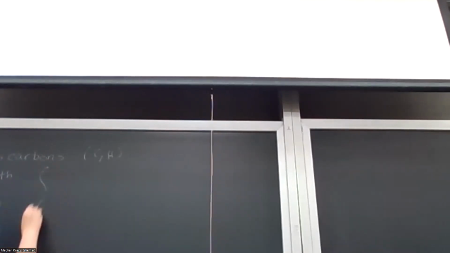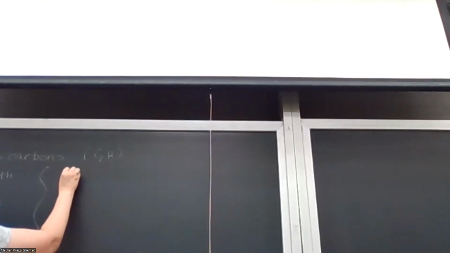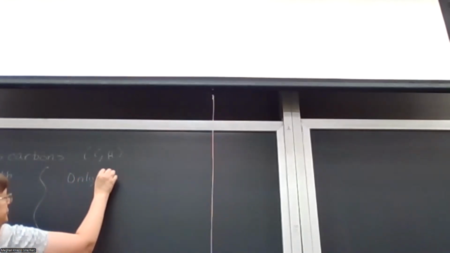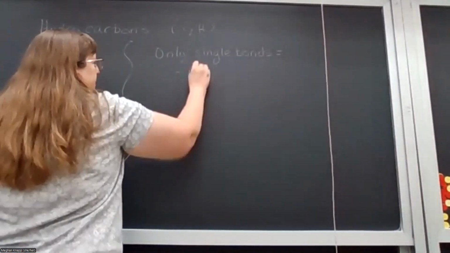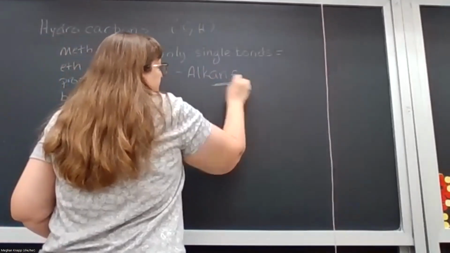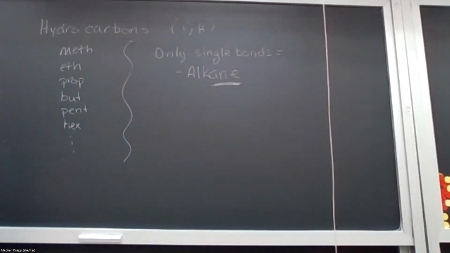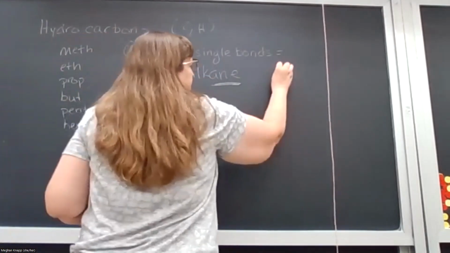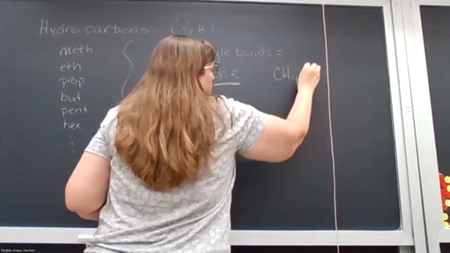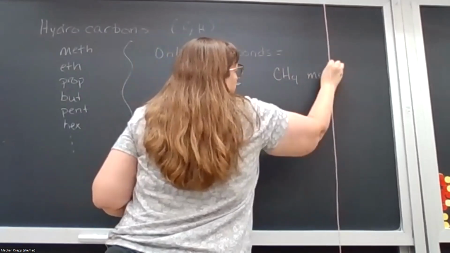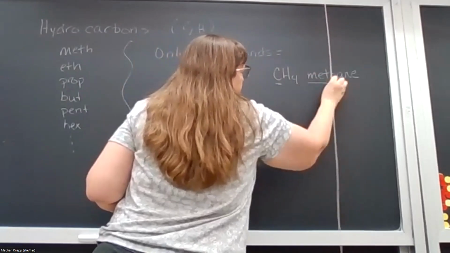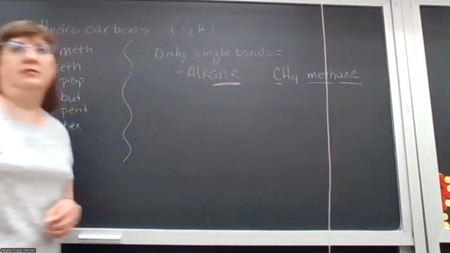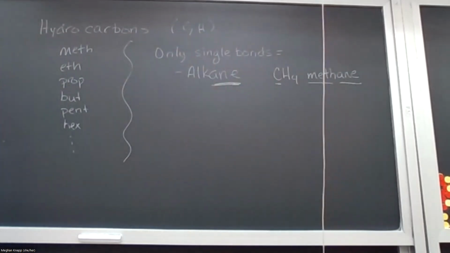Now, when we have only single bonds, then we call this an alkane, and the ending is ane. So remember, our first one was CH4, which was methane, right? One carbon starts with meth, ends with ane. Okay, that should have been in your notes.